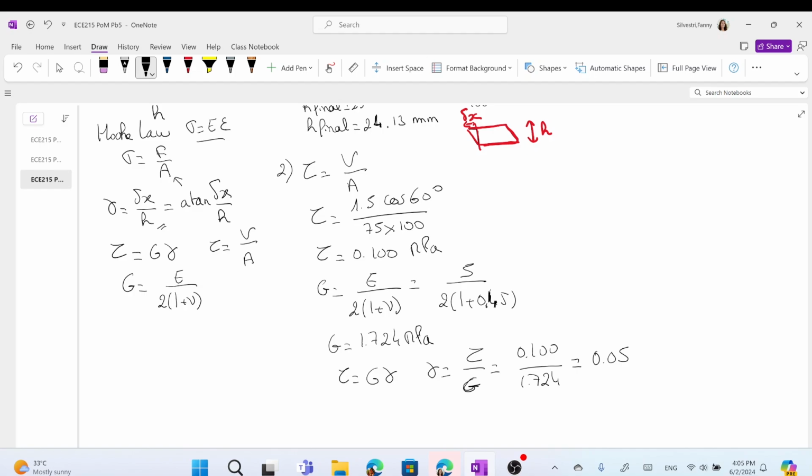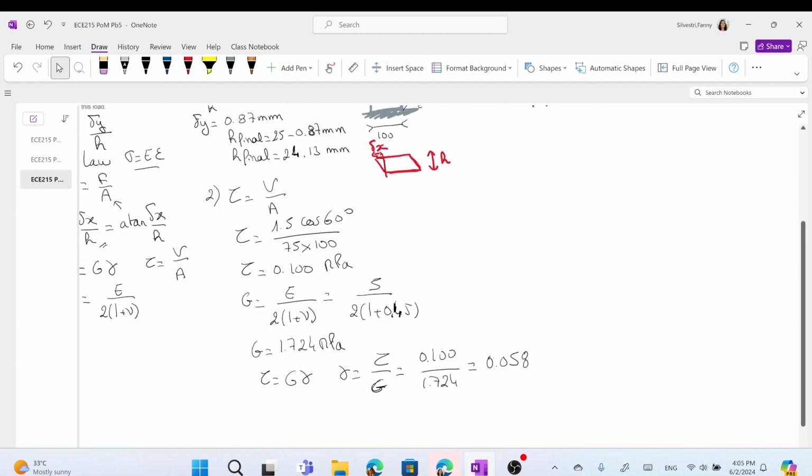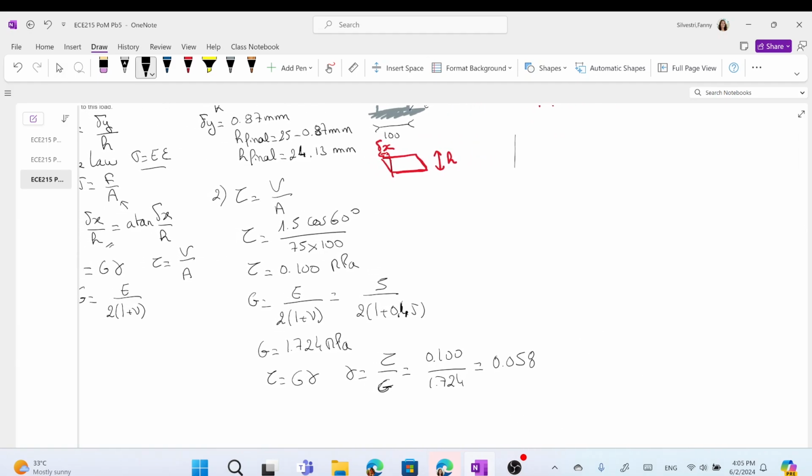Let me do it again: 0.100 divided by 1.724. Yes, that's this one, gamma equals 0.0058.